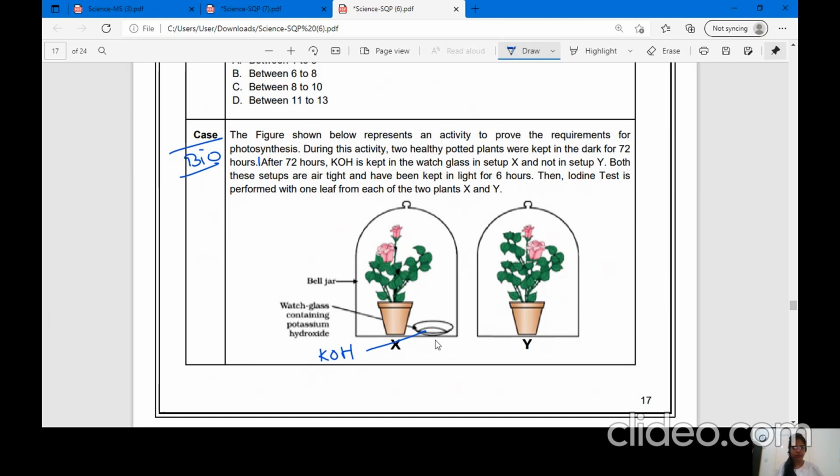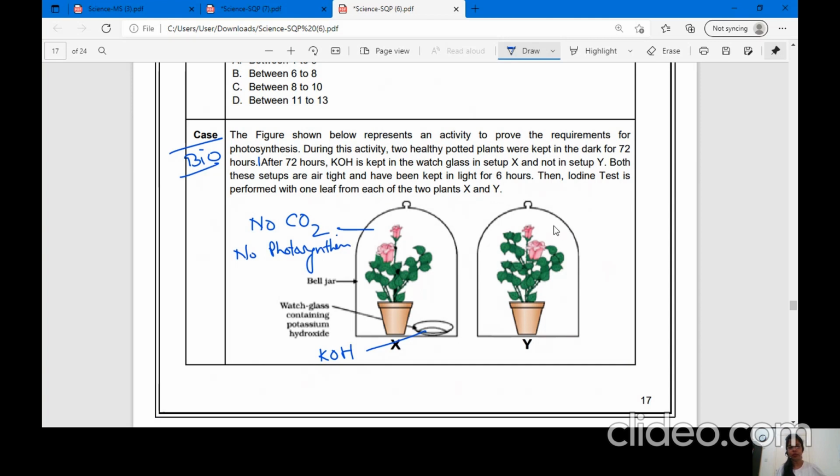the presence of starch by iodine testing. Now, what is the role of KOH, potassium hydroxide? Potassium hydroxide absorbs carbon dioxide present in the atmosphere. So in this setup, no carbon dioxide. When carbon dioxide is not there, photosynthesis will also not happen.